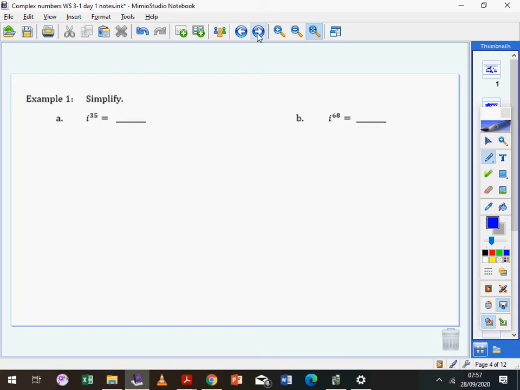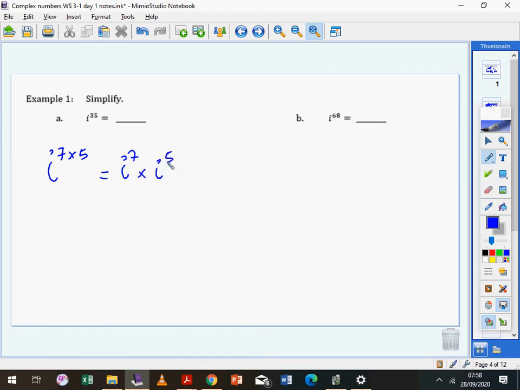So i to the 35, try to break it down into the powers of i that you know. If I want to get i to the 35, what numbers am I going to multiply to get 35? That's going to be 7 times 5, right? I can write this as i to the 7 times i to the 5, right?